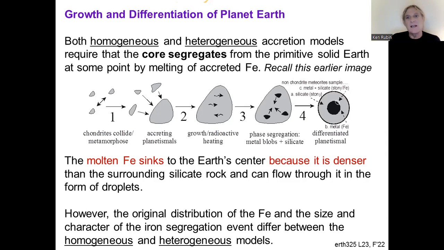Heating, melting, igneous processes, segregation of molten blebs that can coalesce and make a core, so that ultimately we can come to small planetesimals that have a silicate outer part and a metallic inner part, and those look like a differentiated planet. And so the time scale and chemical conditions of that process relative to the rate of cooling at the end of condensation is really the gist of the difference between heterogeneous and homogeneous accretion.